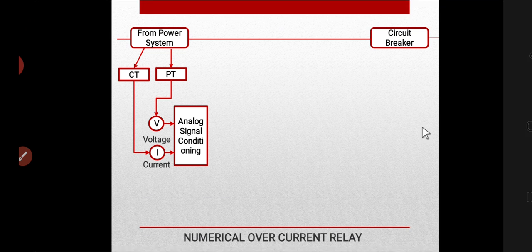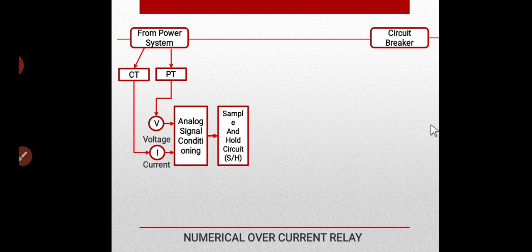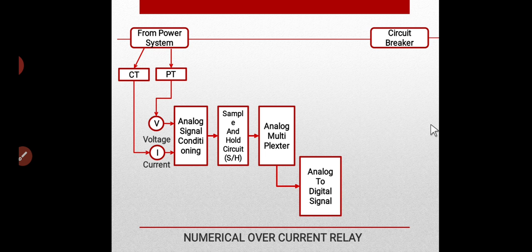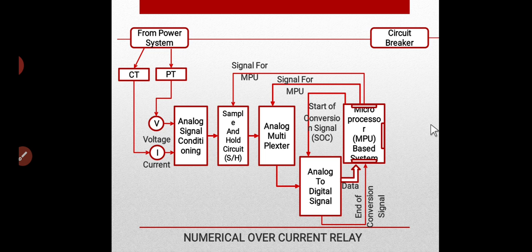Then this signal is given to the sample and hold circuits, then the analog multiplexers, then analog to digital, and given to the microprocessors. If a fault occurs, the digital signal is given to the DAC and the trip signal will be given to the circuit breakers. So this is how the numerical overcurrent relay works.